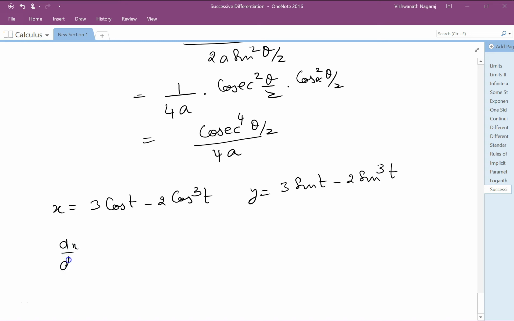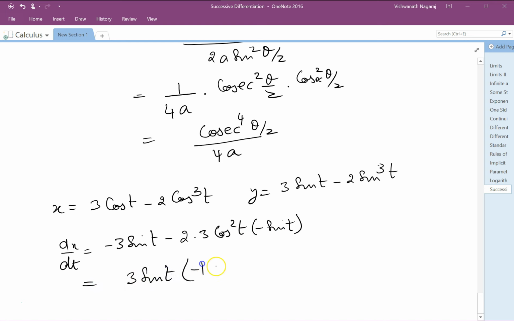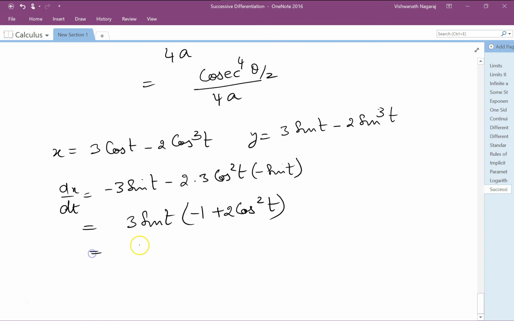So dx by dt is equal to minus 3 sin t minus 2 times 3 cos square t and then minus sin t. 3 sin t is common, minus 1, minus into minus plus 2 cos square t. Now this is equal to 3 sin t cos 2t.